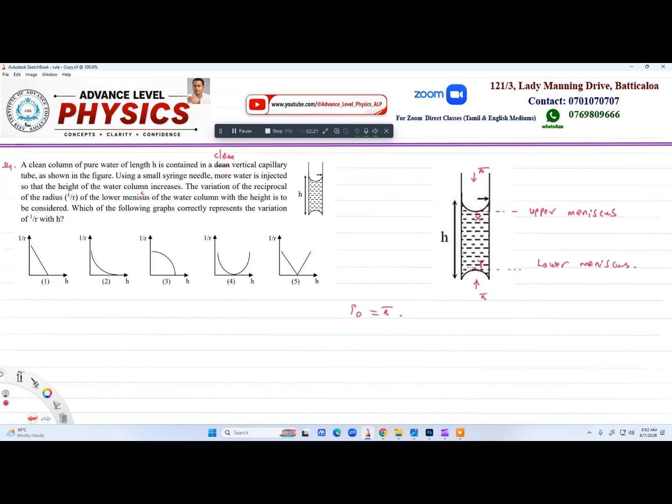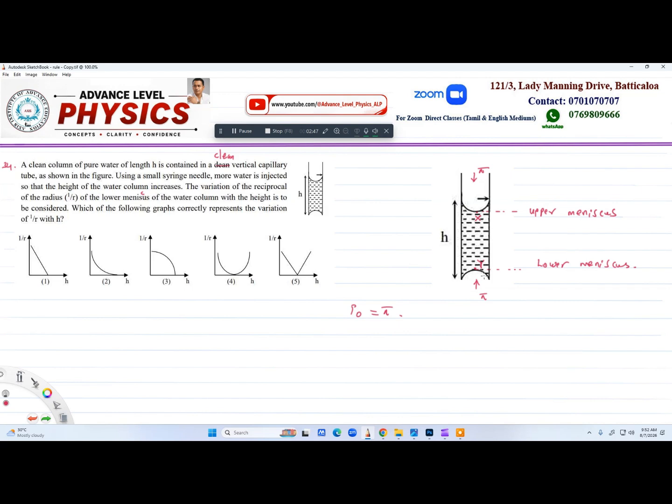Okay, now we can write the relation. We are injecting water in the upper part so that this height is increasing, and as we know, the contact angle of water is 0. Here the contact angle we can consider as 0. When the height is increased, what will happen?